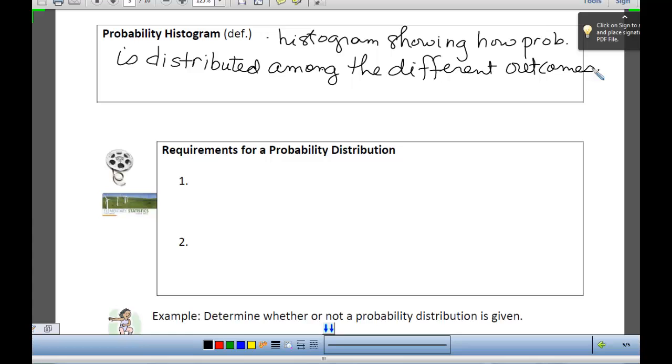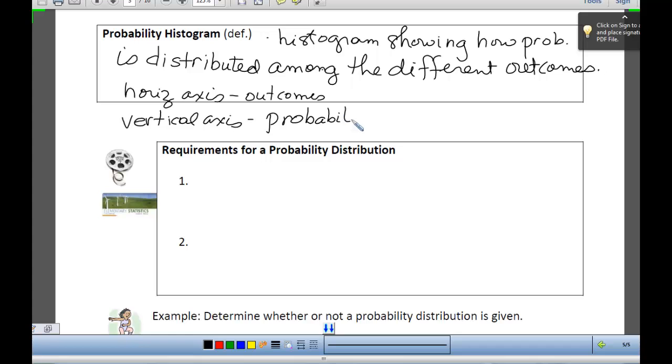If we've got a histogram, that means we've got 2 axes, and so on our horizontal axis, we would have the different outcomes. So it could be the number of children or the number of green pea pods or whatever. And then on the vertical axis, we're going to have the probabilities. We'll probably look at an example of one a little bit later.